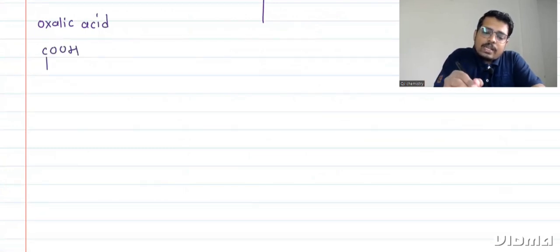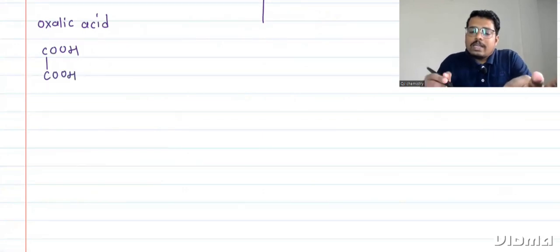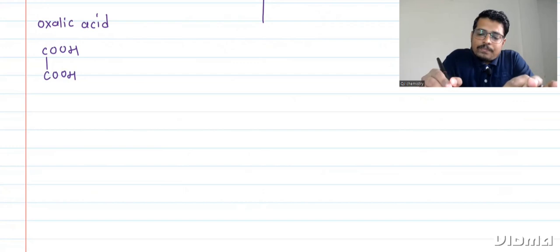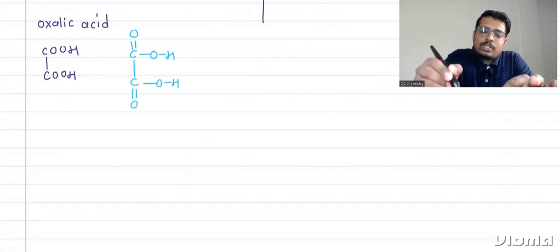Two carboxylic acid groups are present in oxalic acid. Now this oxalic acid on ionization, the two carboxylic acid groups on dissociation give how many H+ ions?